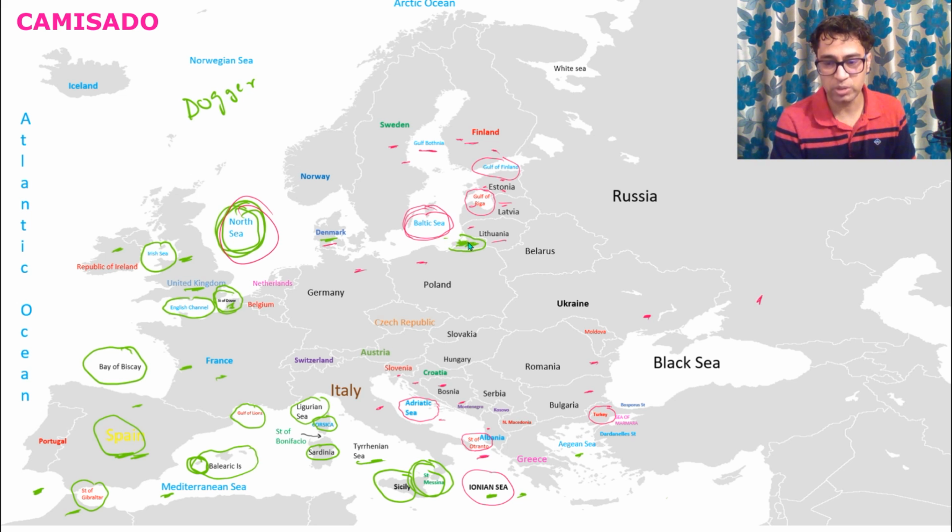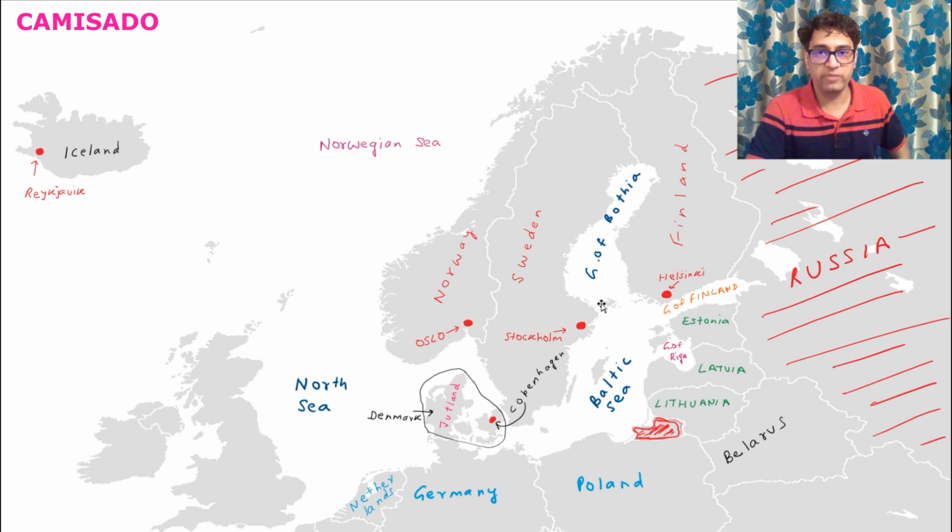This part of Russia, not the mainland, but this part of Russia also touches the Baltic Sea. So this is the zoomed in view of the Gulf of Bothnia, Baltic Sea, Gulf of Finland, Gulf of Riga, North Sea. And this was the first part of the video. And to watch the remaining part, where I will also discuss previous year's questions and other physical features of Europe, please watch the second part.